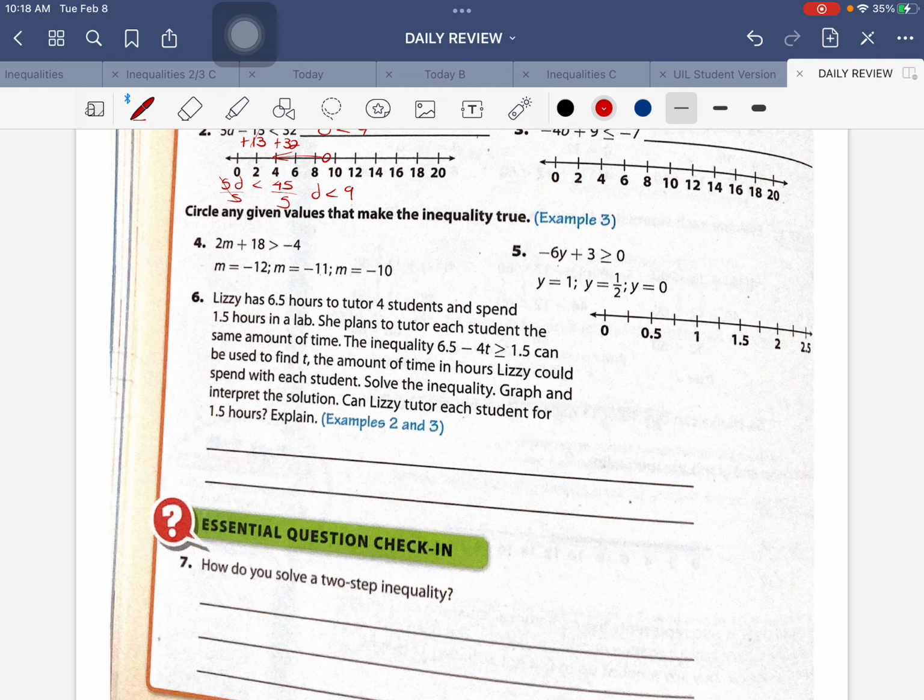How about that? Number 4 and number 5. This is what we did yesterday, I believe, right?